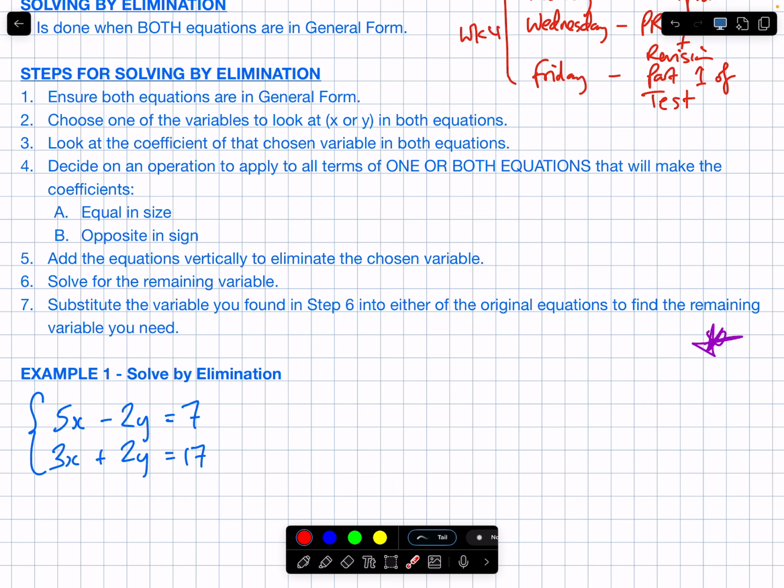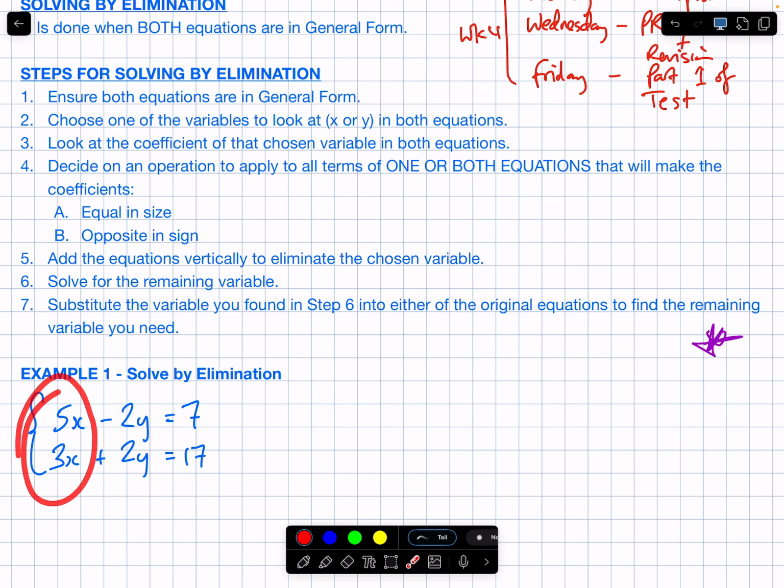Another minute. What's the opposite of being a positive? So here, negative 2y, positive 2y.